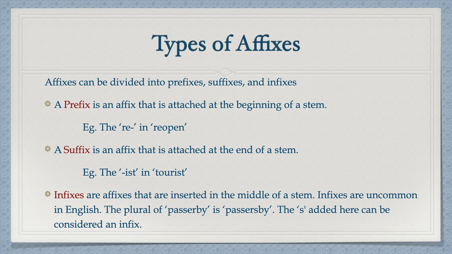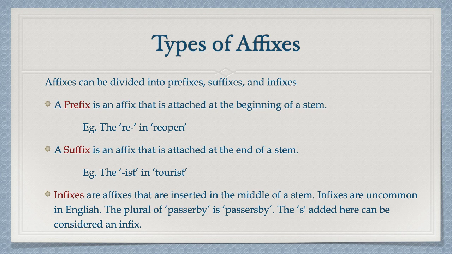Some texts even say that there are actually no infixes in English, but some texts would consider an example like the word passers-by. Now, passers-by is the plural of the noun passerby, somebody who passes by. And the plural of passerby is not passerbys but passers-by.